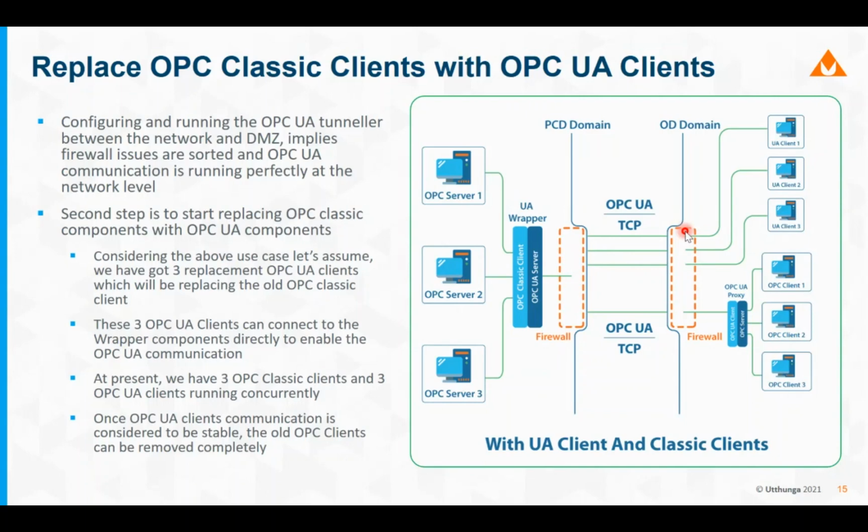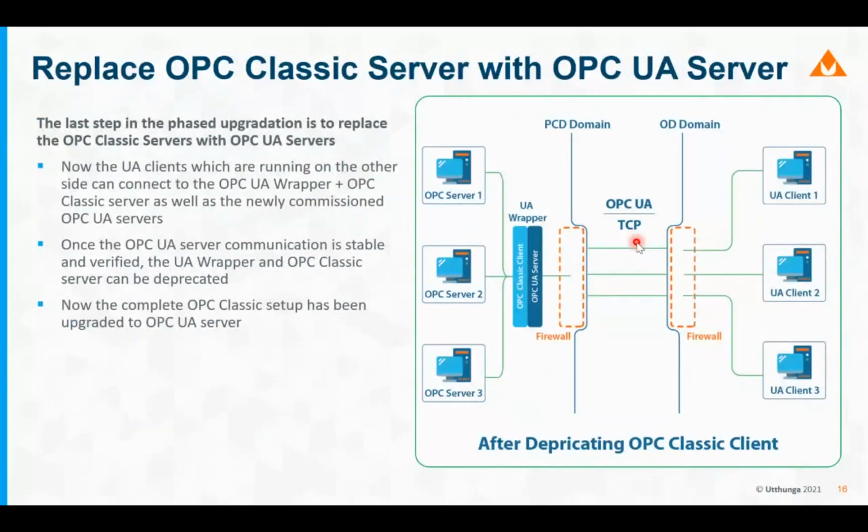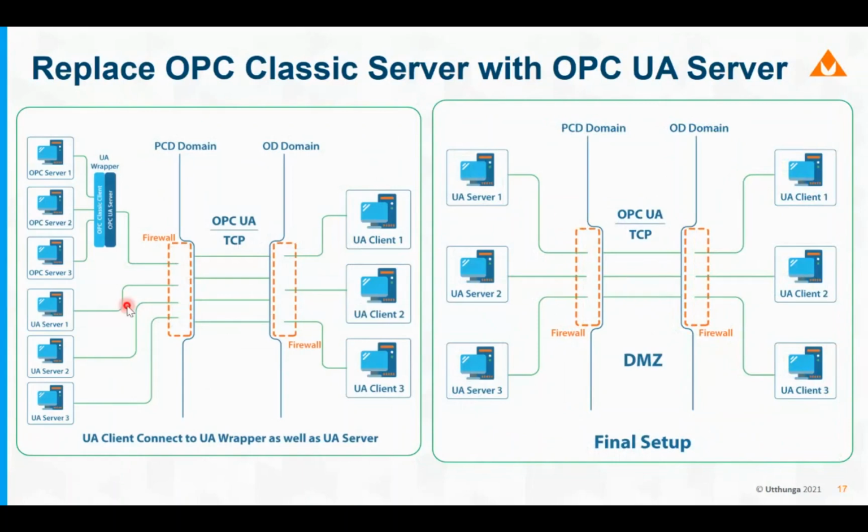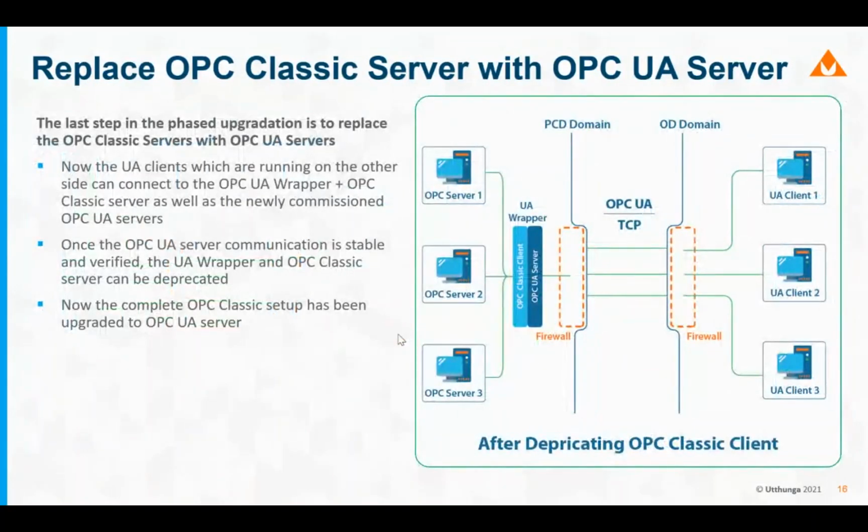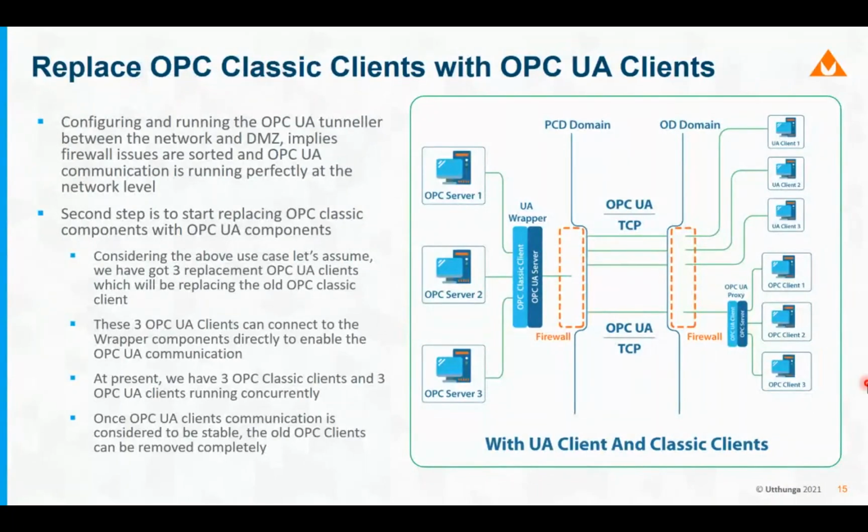Similarly, if you have the reverse of that, which we saw in the next one here. If you want to solve a problem where a UA client, sorry, one minute, let me go back. Yeah, you had a problem where you wanted to connect OPC clients to UA servers.